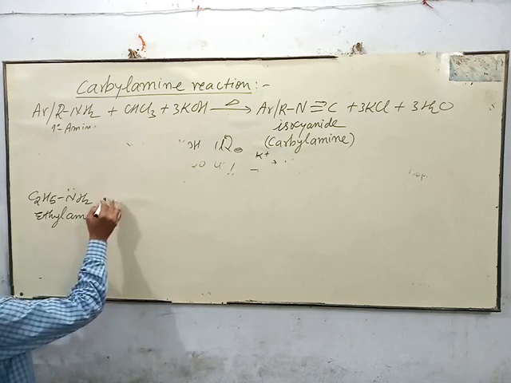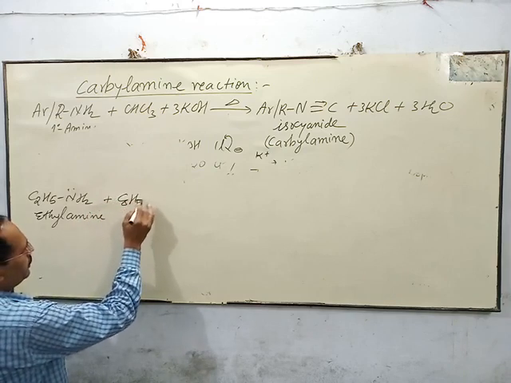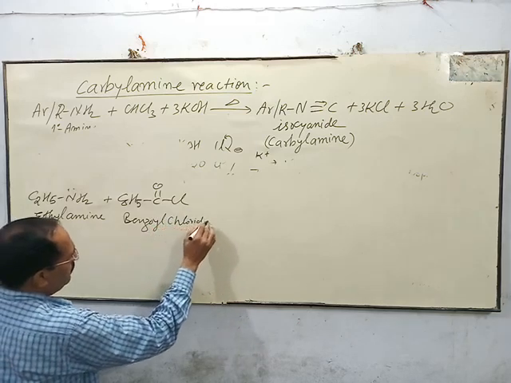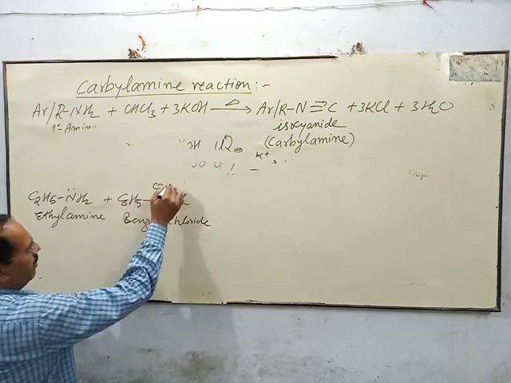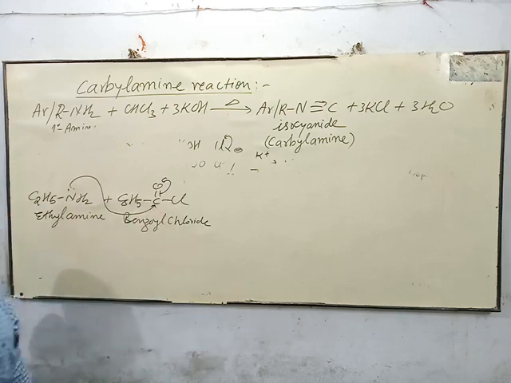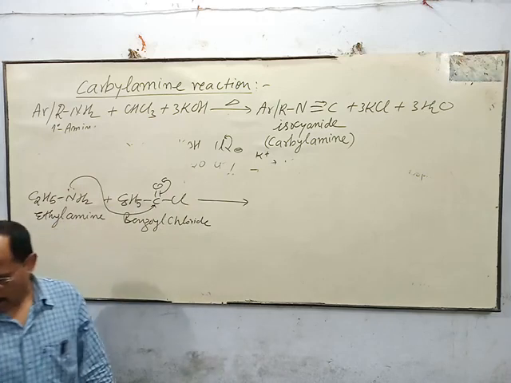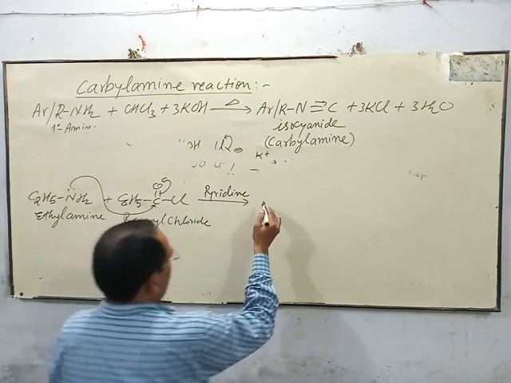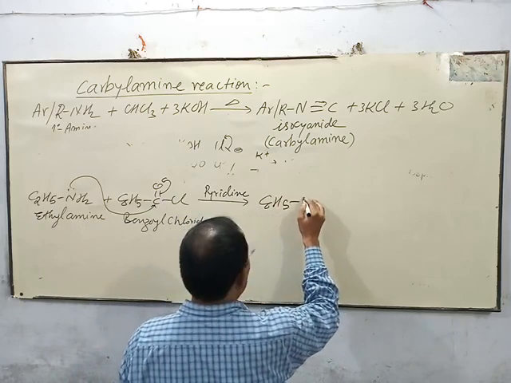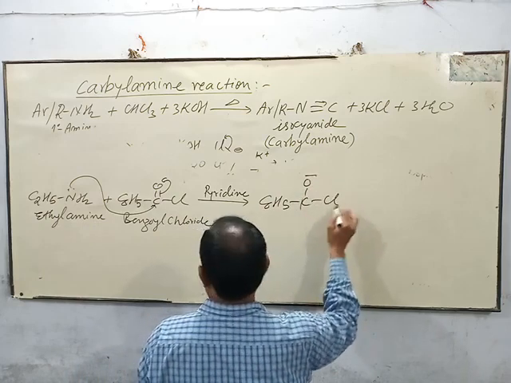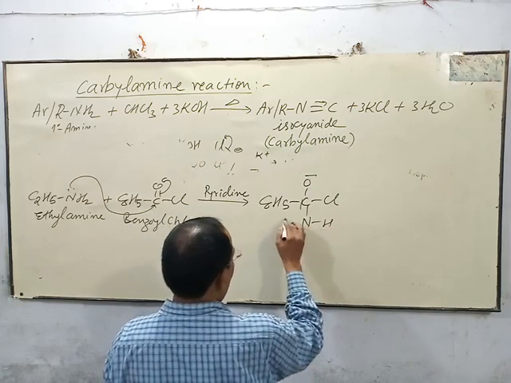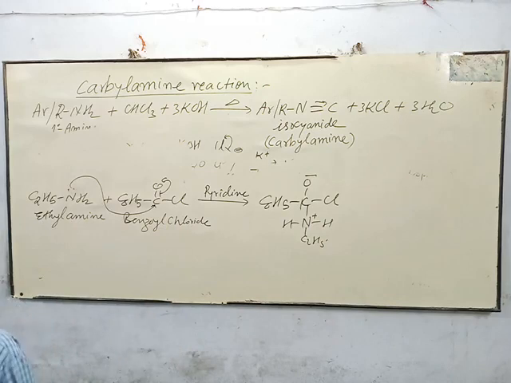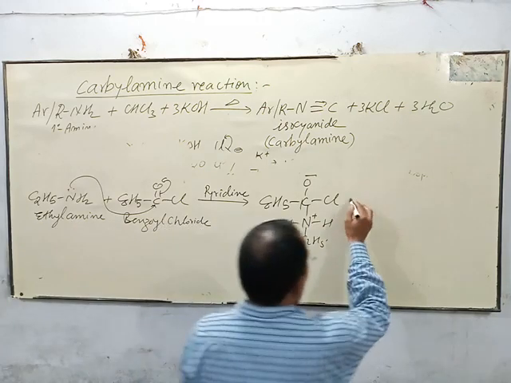When it reacts with benzoyl chloride, C6H5COCl, the amine attacks the carbonyl carbon in the presence of pyridine as a base, and formation of this species takes place. Now, loss of HCl takes place.